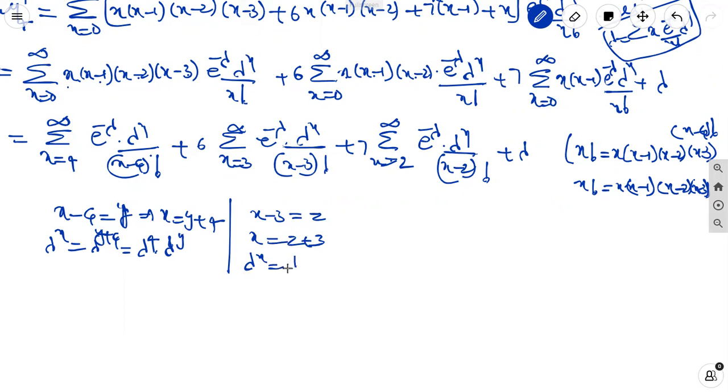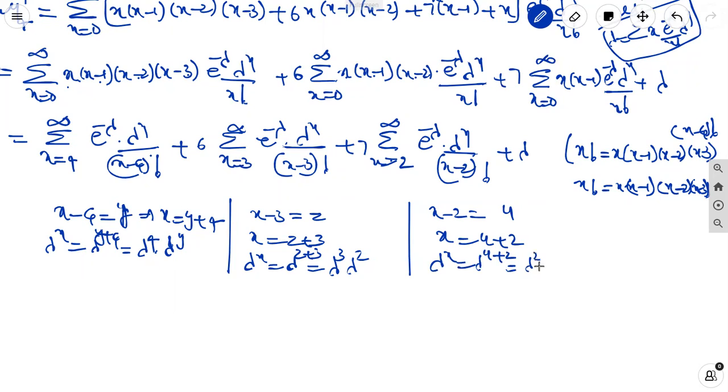Lambda power x equal to lambda power z plus 3, equal to lambda cube into lambda power z. And x minus 2 equal to some u, x equal to u plus 2. Lambda power x equal to lambda power u plus 2, equal to lambda square into lambda power u.